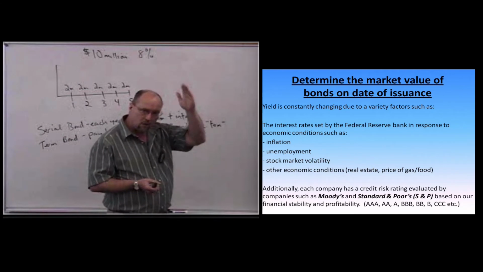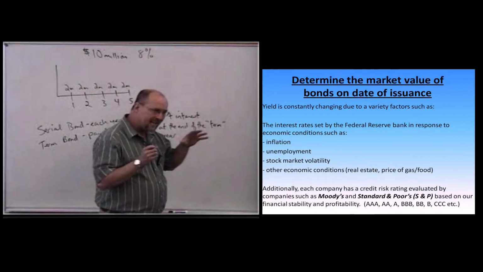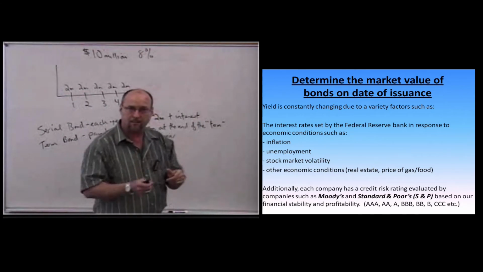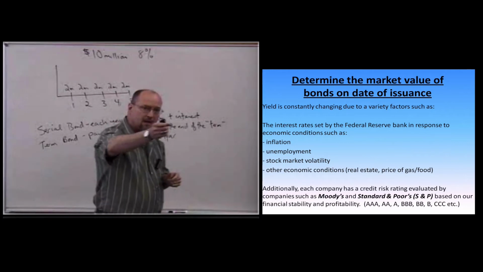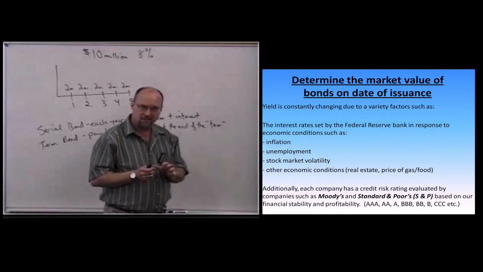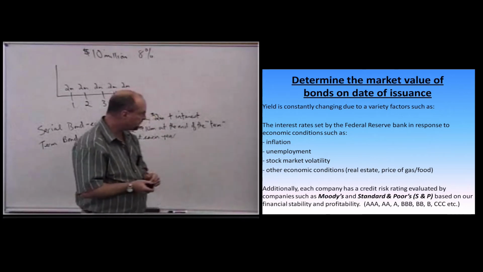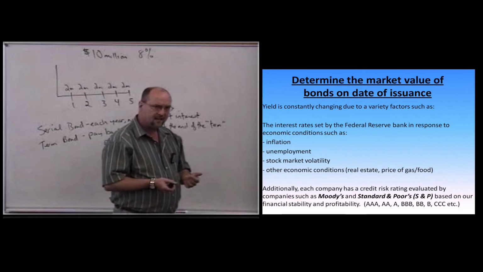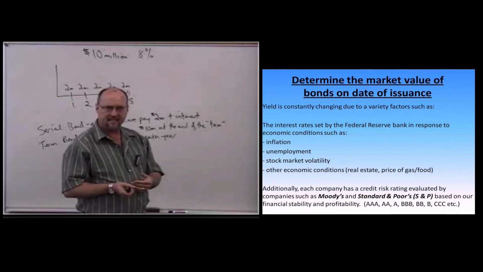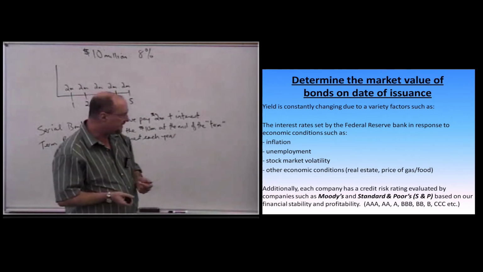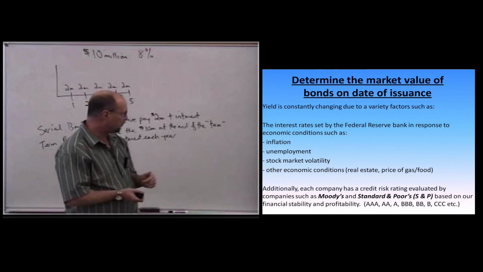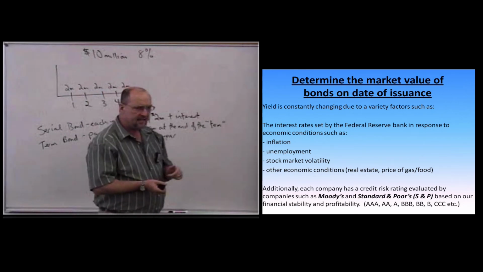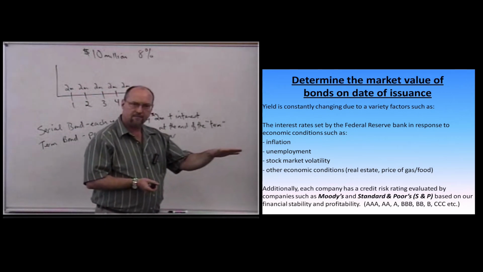When the stock market's going up and down and up and down, sometimes people get out of the stock market and they invest in bonds. A lot of foreign investors invest in U.S. bonds because they're safer than overseas. Other economic conditions, the price of oil, price of real estate, the price of gold, political instability in the Middle East, for example, or other regions could all affect interest rates. And so interest rates are in constant motion, okay?